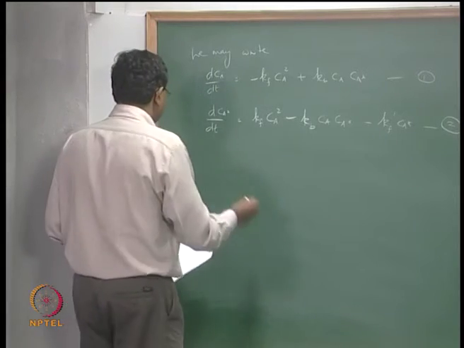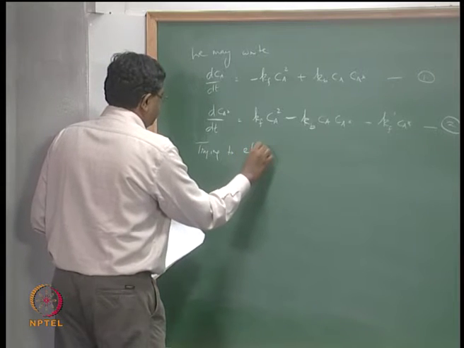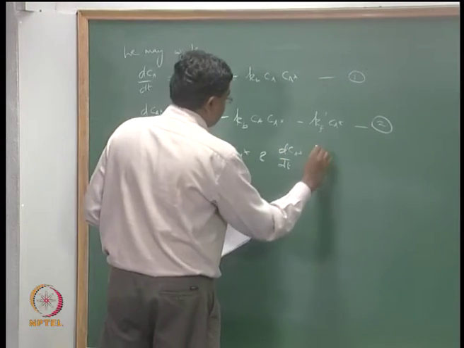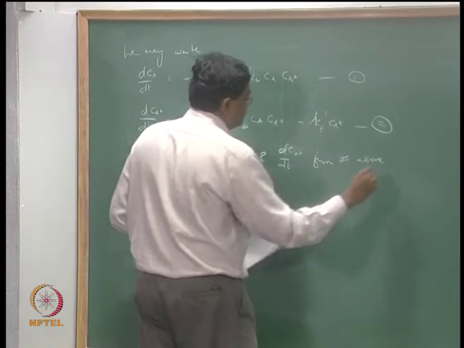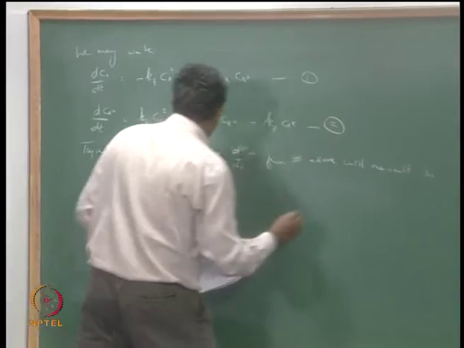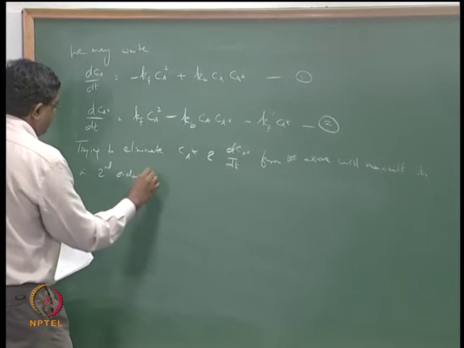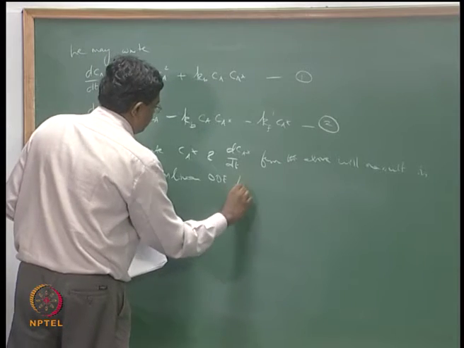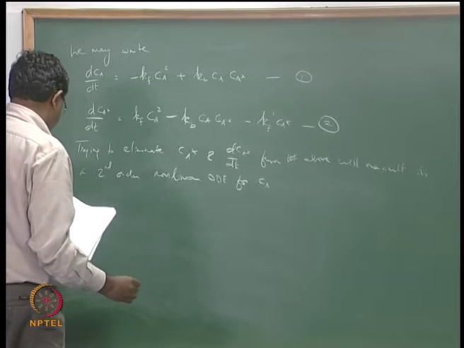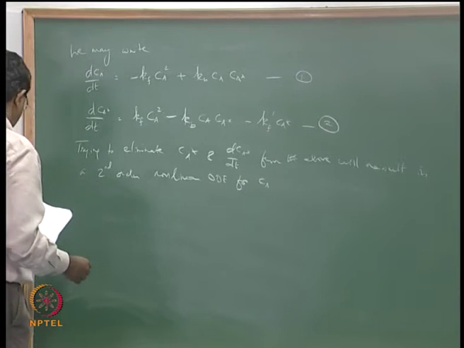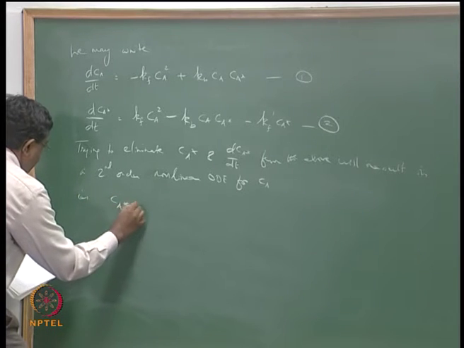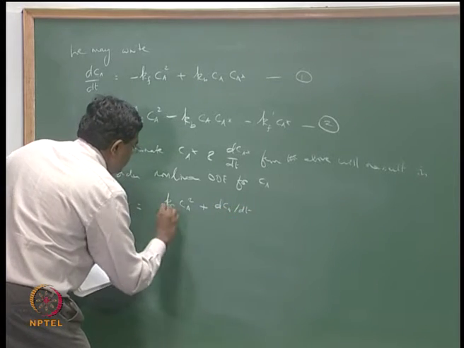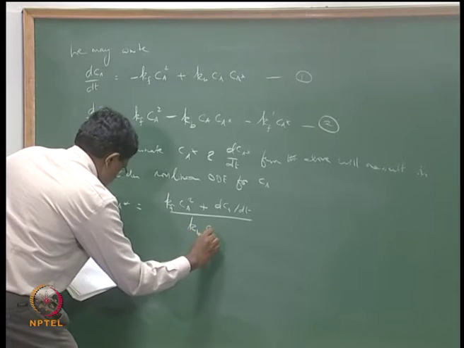Okay, so trying to eliminate CA star and dCA star by dt from the above will result in a second order nonlinear ODE for CA, right, that is CA star equal to KF CA squared plus dCA over dt divided by KB CA.